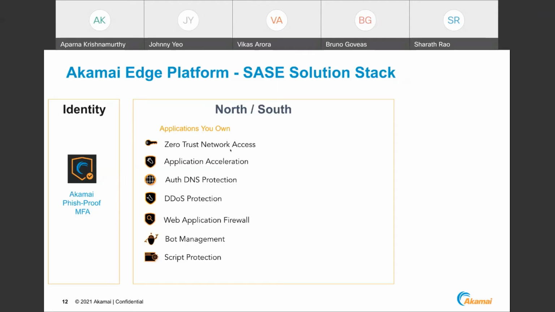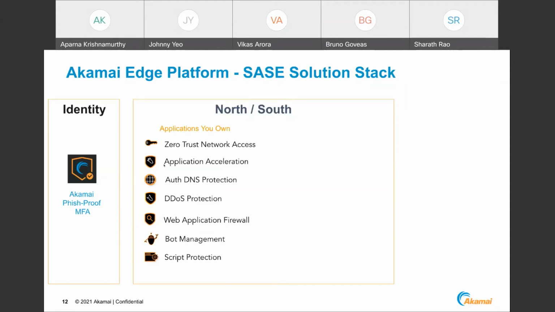So instead of using VPN, where trust is established based on the authentication layer, now you establish trust based on the user and also the app access, so you have the notion of least privilege.